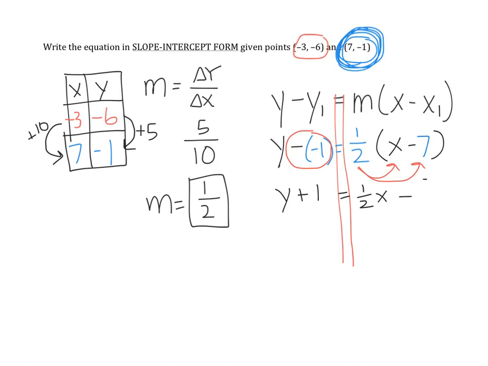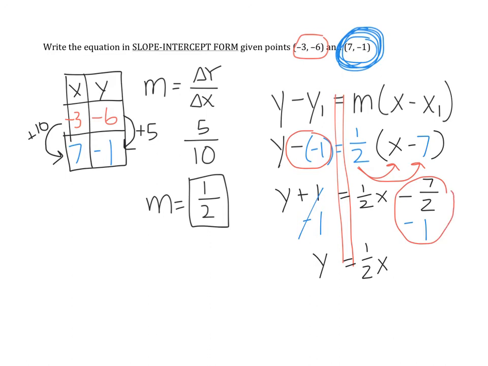I'm going to leave it as 7 over 2. Now I have to isolate my y so I can get slope-intercept form. That's what the problem asked for. So I'm going to subtract 1 from the left, subtract 1 from the right, and I have y equals 1/2 x, and then I've got this somewhat messy fraction problem.